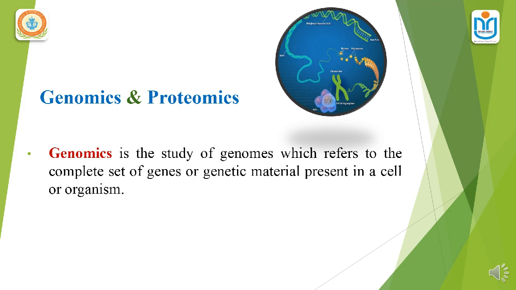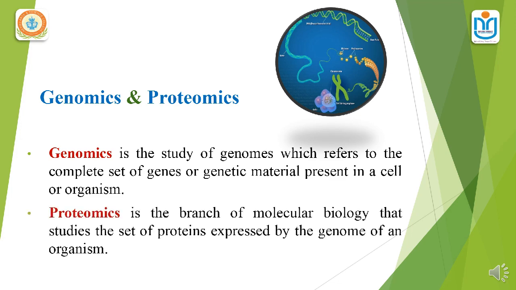Now let's see what proteomics is. Proteomics is the branch of molecular biology that studies the set of proteins expressed by the genome of an organism. This is what genomics and proteomics mean.